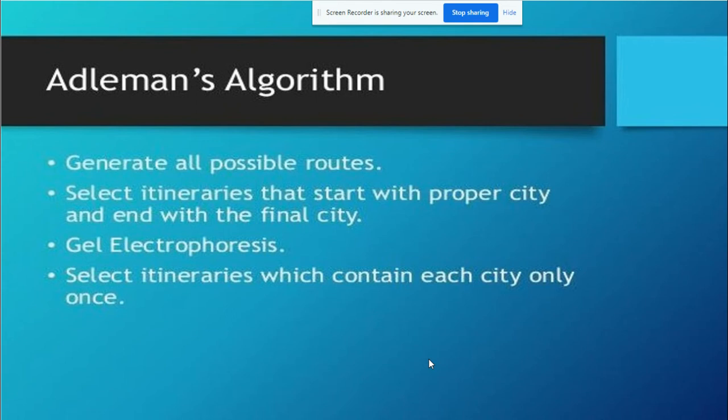Gel electrophoresis is the method used. Select itineraries which contain each city only once. As I told, the salesman can travel to each city only once.